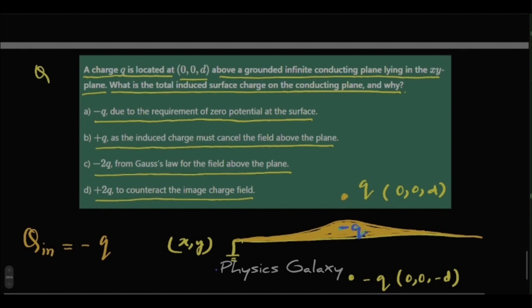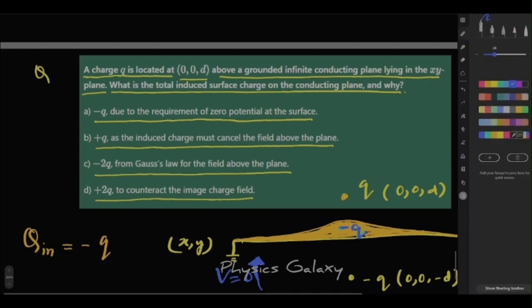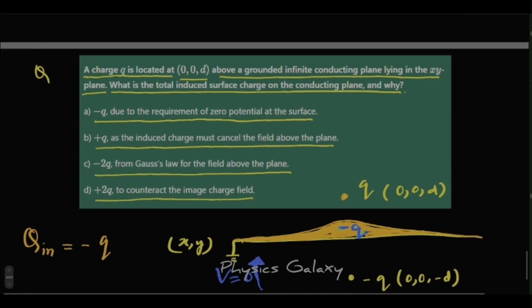But because this is at potential V equals zero, it has been grounded, this grounded sheet will collect positive charge, because it has to neutralize. And that positive charge will be uniformly distributed also.